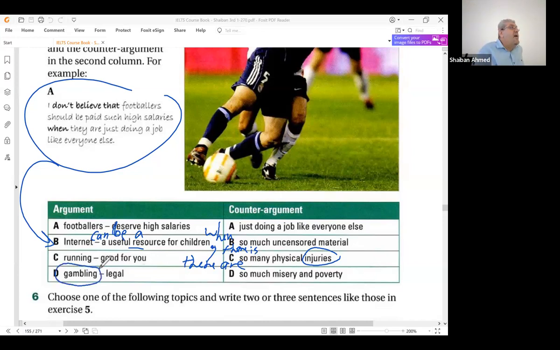Gambling, any type of gambling. Yes, lottery, by chance, who wins the million, any kind of gambling.